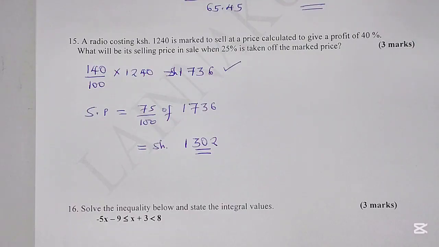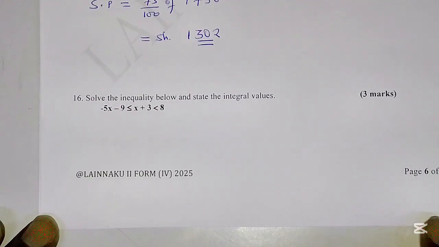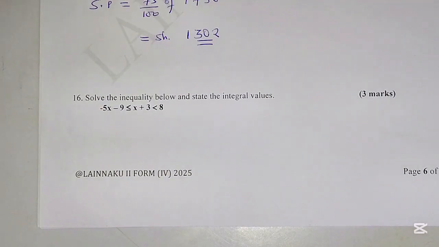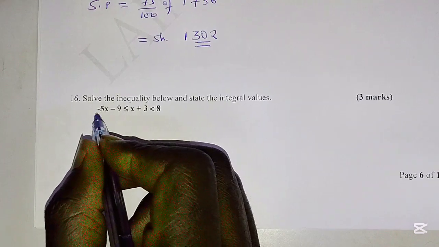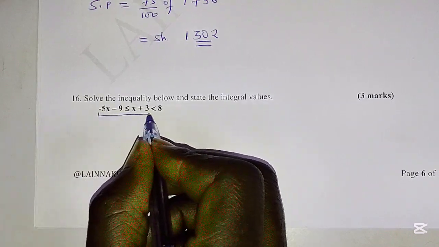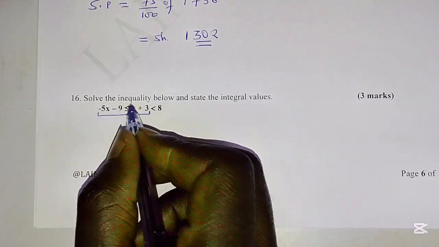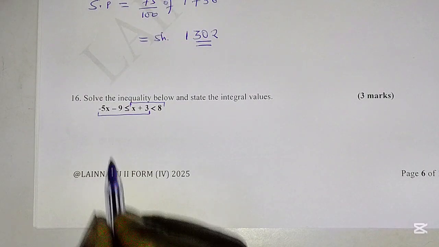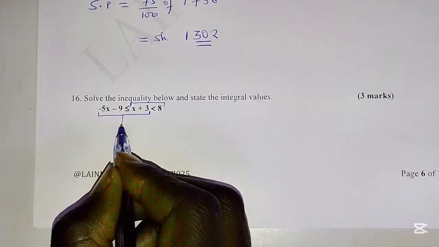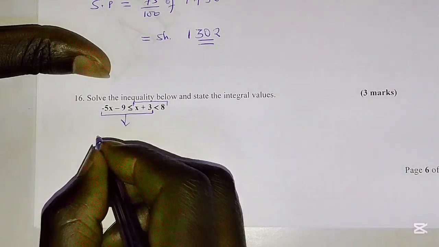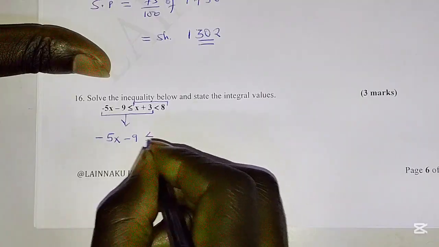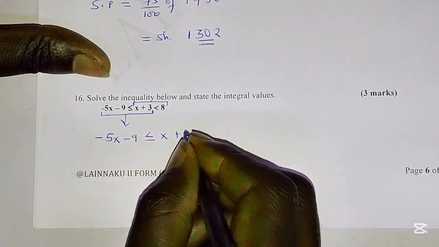Now, next question 16 talks about integral values. These are linear inequalities. Here a learner is supposed to see two inequalities. There is one that runs from this end to this end, and another one runs from this end to this end. So we'll do the first one. We will have negative 5x minus 9 is less than or equal to x plus 3.